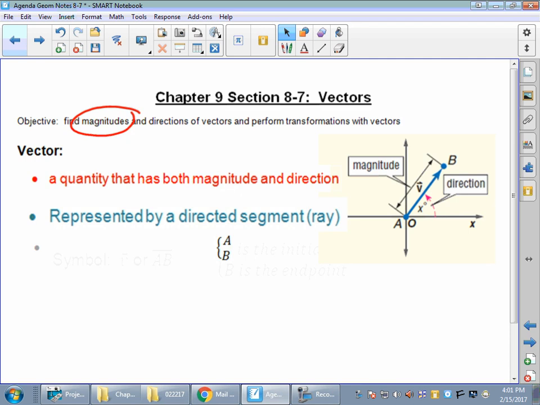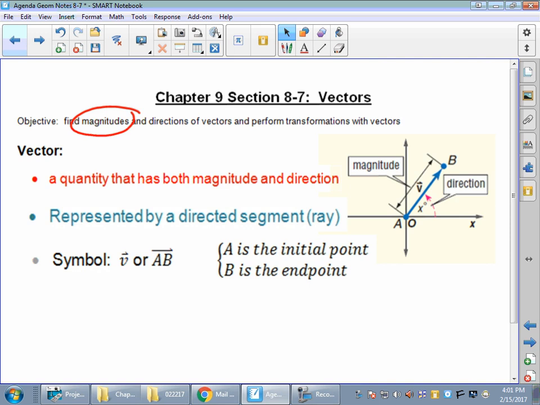So in this particular example, point A is the initial or the starting point, and then it goes on to point B. Now here's the thing, it's a little bit different from a ray because it does end right there at point B, but the arrow on the diagram tells you what direction it's going.